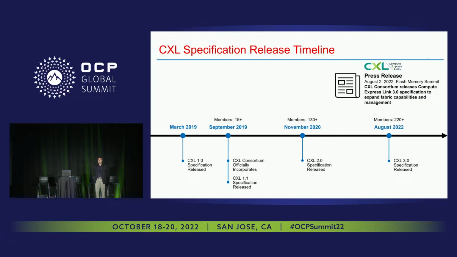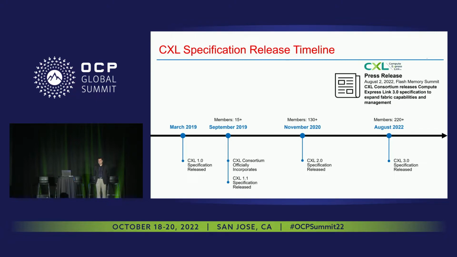More companies joined as contributors and members, and we basically started a team building activity around CXL 2.0. Added a few features, enough to make CXL more useful, but not too much so that we could in fact do it. With a good cadence in November 2020, with 130 members then, we introduced CXL 2.0.